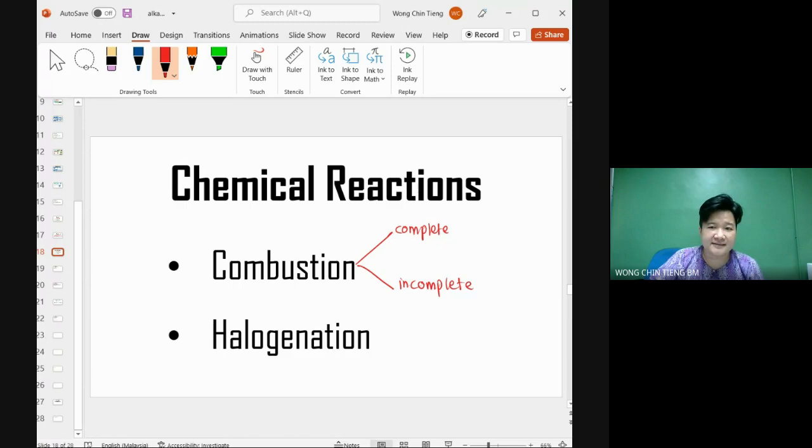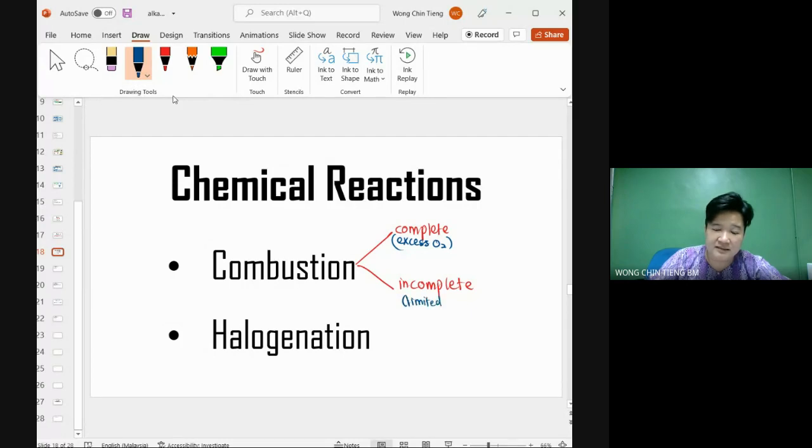Selain daripada excess oxygen dan juga limited oxygen, what are the differences that you can observe in the complete combustion and the incomplete combustion? Aina? Yes, madam. Selain daripada apa yang kawan-kawan cakap, complete adalah excess of oxygen, incomplete adalah limited oxygen.